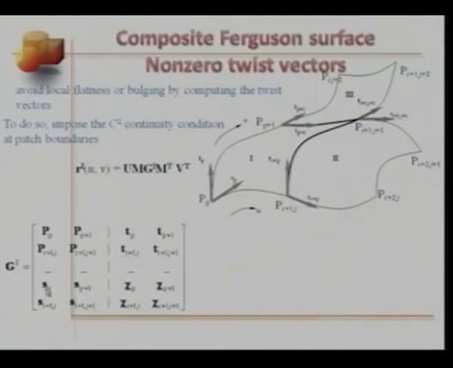The slopes along the u direction in the same order. And now the non-zero twist vectors represented by chi. So we have chi ij, chi i,j+1, which is here, chi i+1,j, which is at this point here, and the twist vector i+1,j+1 at this point.